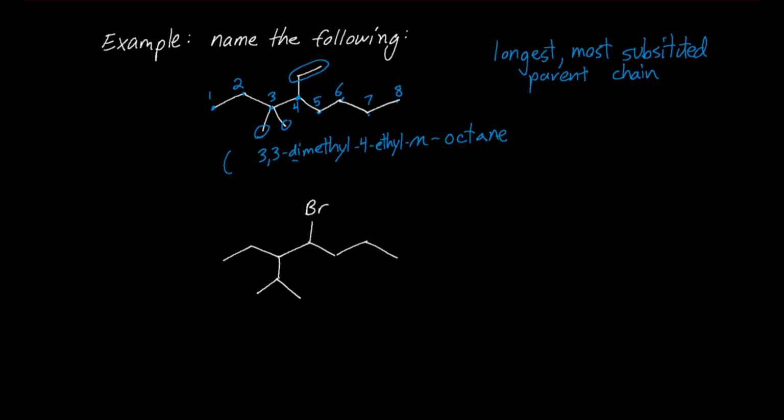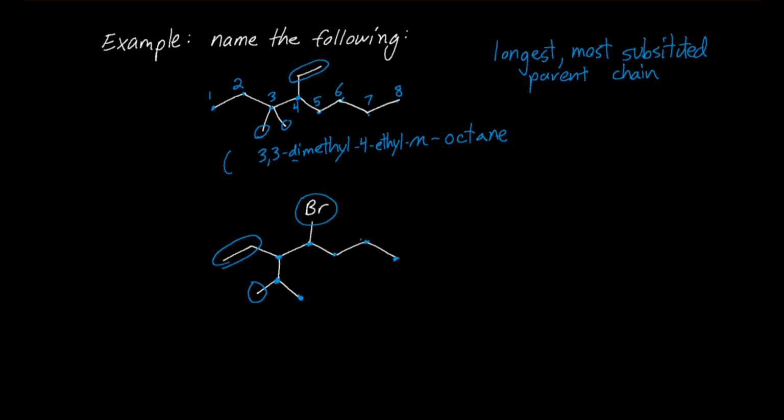Longest parent chain. Sometimes you got to be careful because look here, 1, 2, 3, 4, 5, 6, 7. If I went in a straight line, 1, 2, 3, 4, 5, 6, 7, it is the same in either direction. So longest chain is 7. Most substituted is actually the one I have highlighted. 1, 2, 3, 4, 5, 6, 7, because that has a methyl substituent, an ethyl substituent, and a bromine substituent.